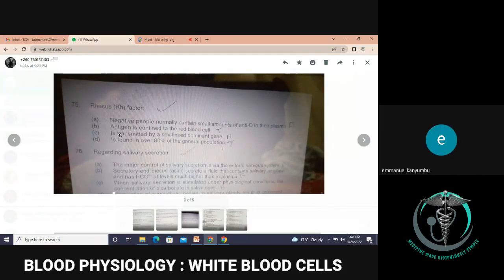Okay. I also think it's true, and this is what you need to remember when you're answering questions. Always relate the question to the stem question. All these options are in relation to the rhesus factor. In the rhesus factor, the antigen that is present is antigen D, isn't it?